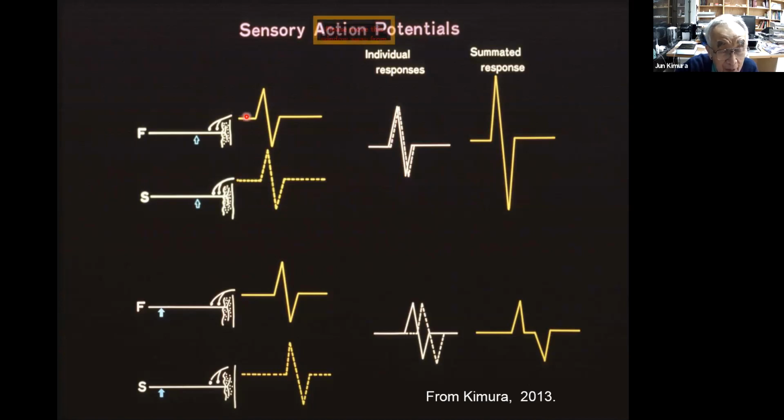But the distance is so short with your distal stimulation, the distance between the stimulus point and the recording point, it doesn't really matter whether one axon is going fast and the other axon is going slow. They arrive around the same time, and therefore the compound sensory action potential is a superimposition of the two single unit potentials, and it becomes double in amplitude. I hope you see that, right?